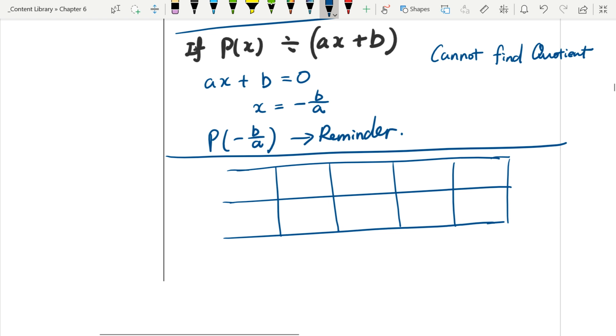Okay, so draw this table. This is a cubic, so I draw 5 columns. So cubic, square, linear, and constant. That's 4 items, and then I have 1 column left for what I want to divide. In the top row, I write down the coefficients in order from the highest power to the lowest power.